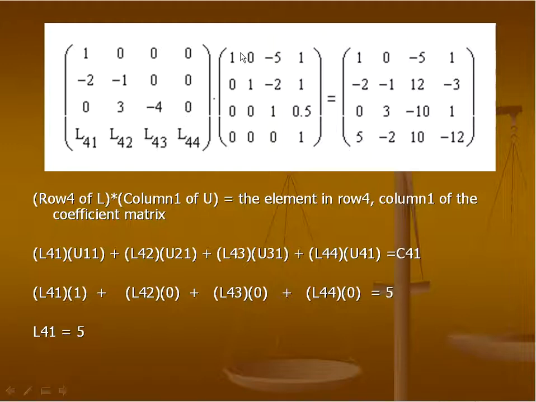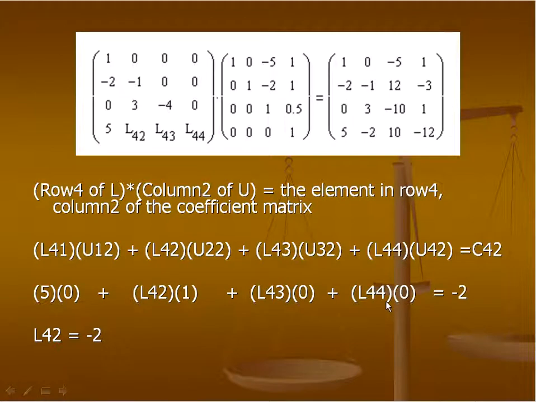Row 4, we're going to take times column 1, column 2, column 3, and column 4. So row 4 times column 1 is equal to the item in row 4, column 1 here. Okay. All right, and then row 4 times column 2 is equal to the item in row 4, column 2.